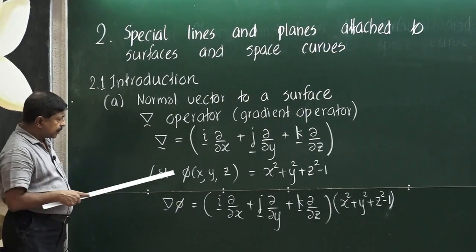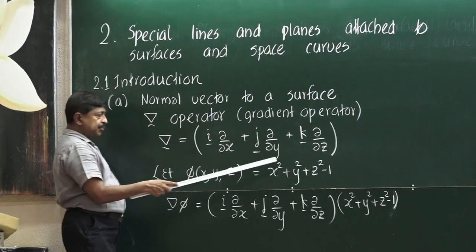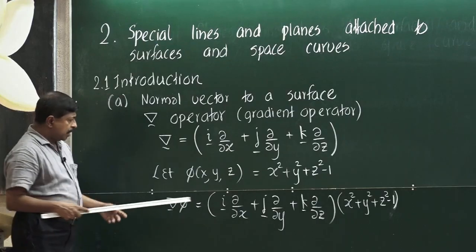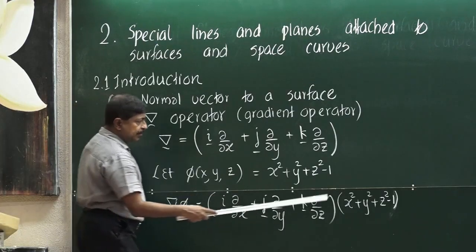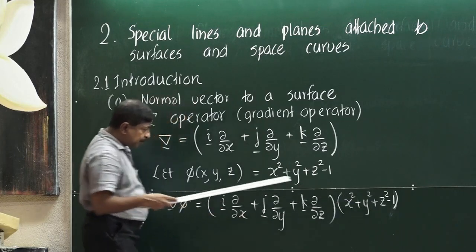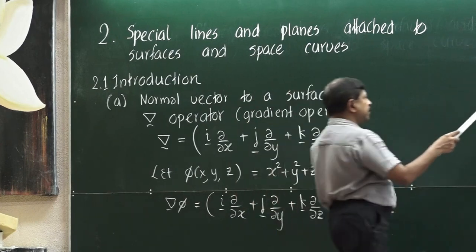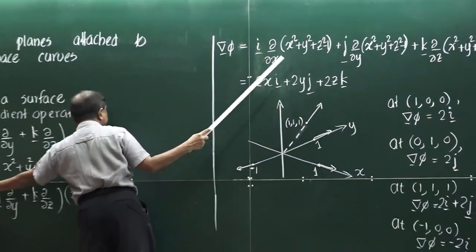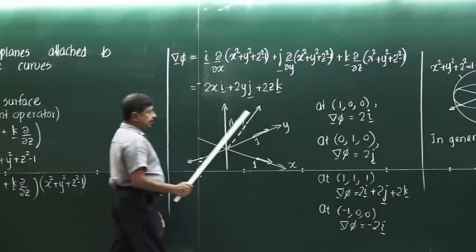Now, let us consider this surface, this function phi equals x squared plus y squared plus z squared minus 1. If you find grad phi, this is the grad operator, and this is phi. Here the first term falls onto this one, this is the second term and this is the third term.